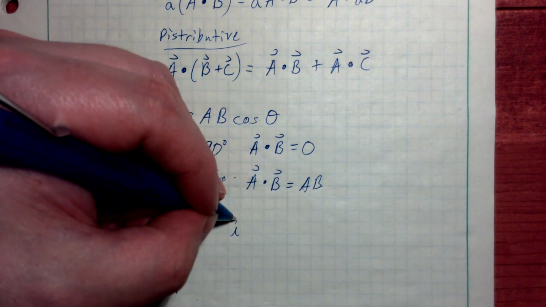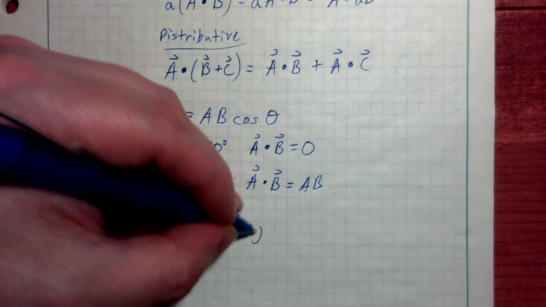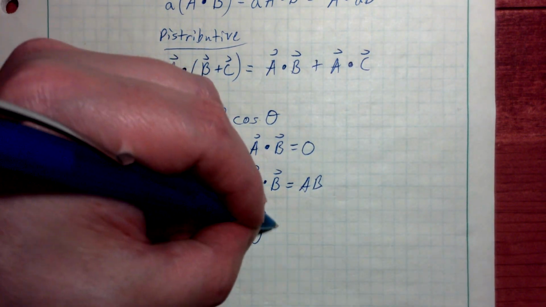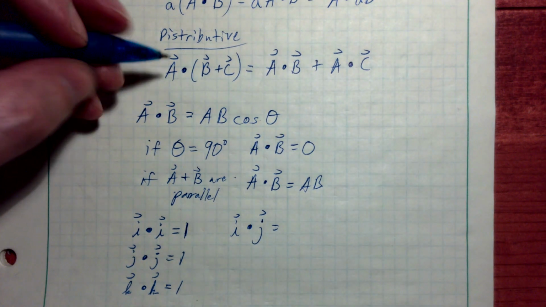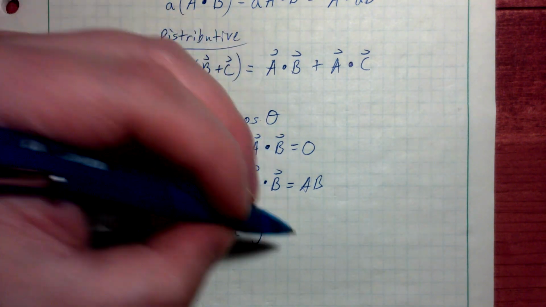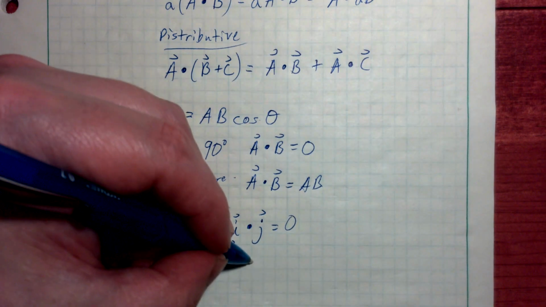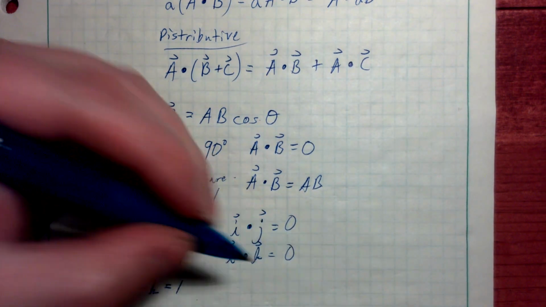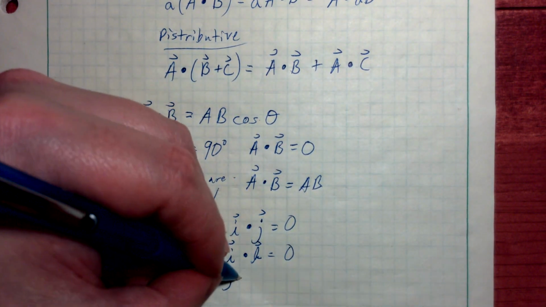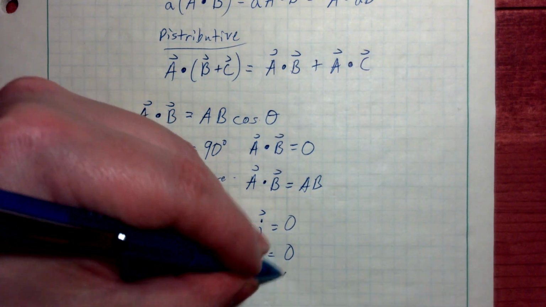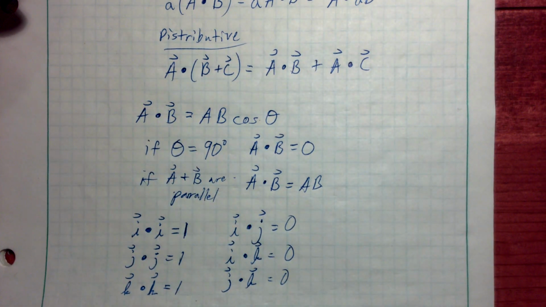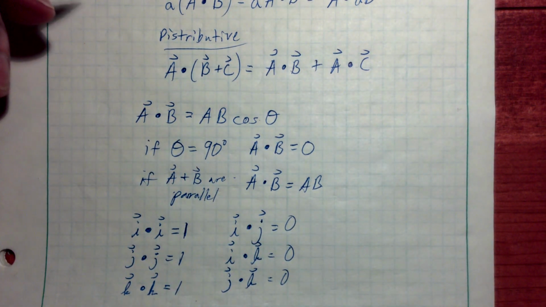Notice if I take i dotted with j, well, those are 90 degrees apart. If theta is 90, this gives you 0. Same thing if I took i dotted with k, that's 0. And if I took j dotted with k, that's 0. I think that's all the combinations.